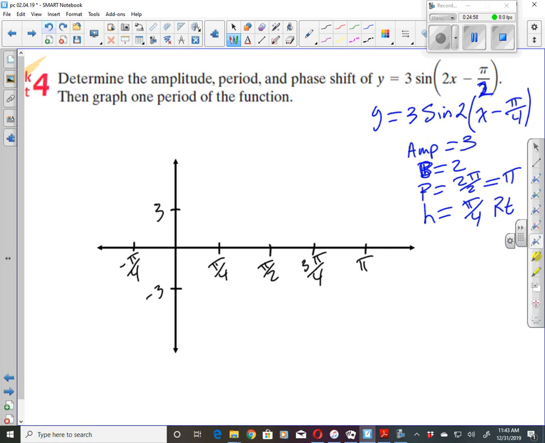So I'm going to go ahead and add another tick mark. So remember, this is 1 pi over 4, 2 pi over 4, 3 pi over 4, 4 pi over 4. This has got to be 5 pi over 4, doesn't it? So 5 pi over 4 put in place because of my shift.